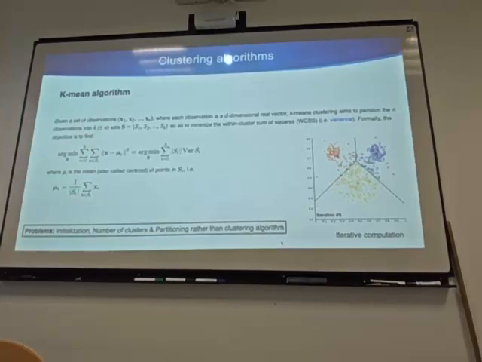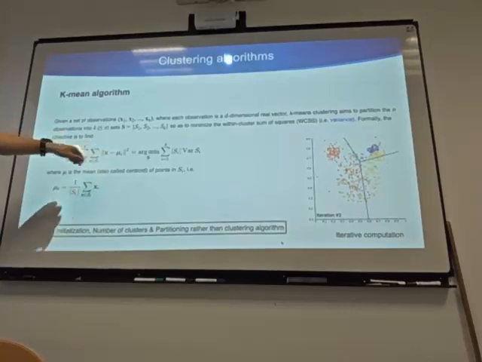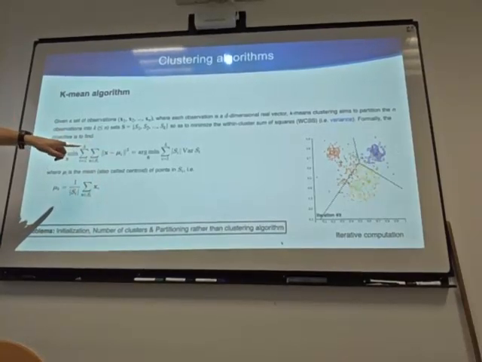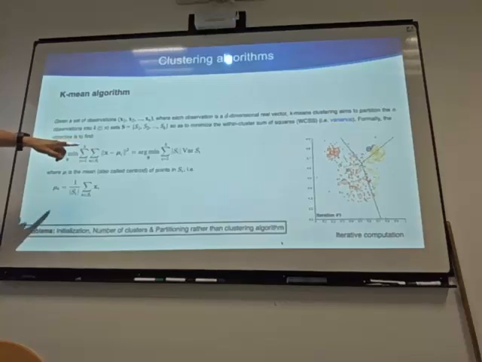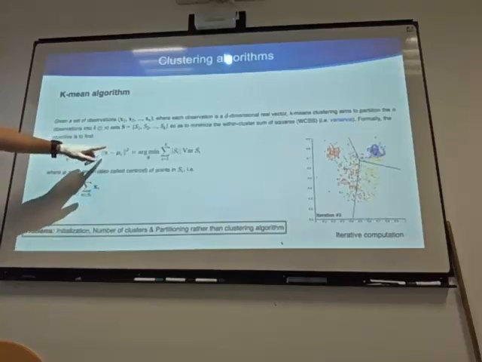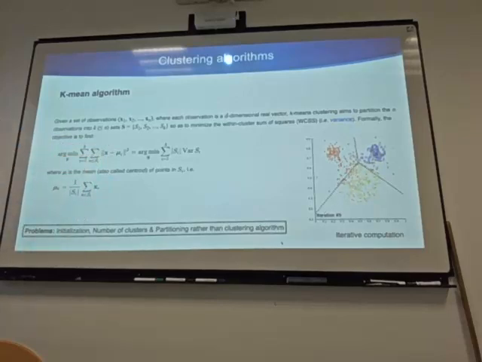The idea is that you position some cluster centers mu, and then you assign the different points to the different clusters so that you minimize the intra-cluster distance, and you maximize the inter-distance between clusters and minimize the intra-distance within clusters.